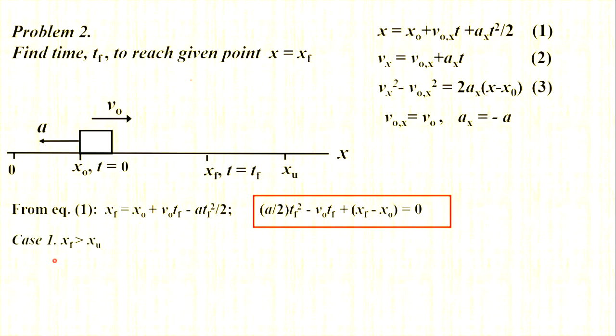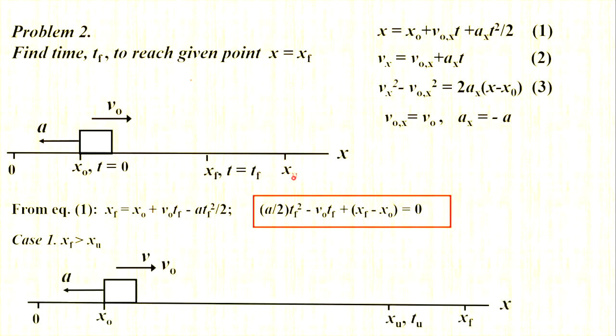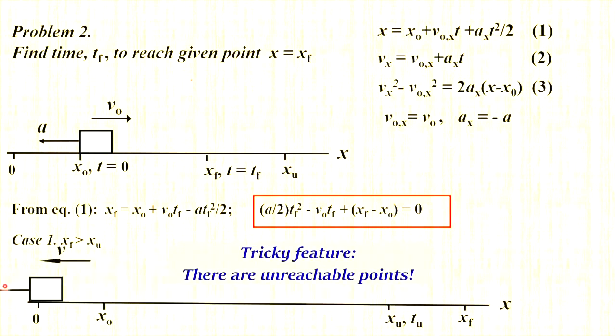Let's consider the first case when xf is to the right of the U-turn point. In this case, the object is here initially, and the motion looks like this. The object moves to the right, arrives at the U-turn point, and goes back.